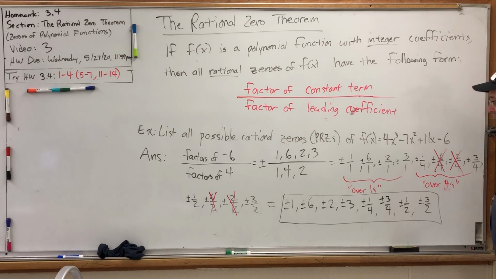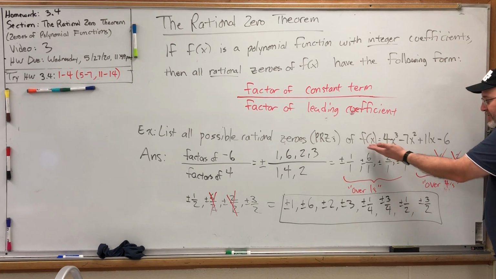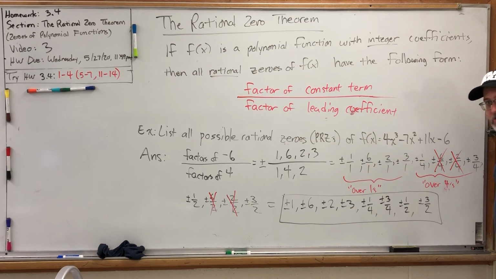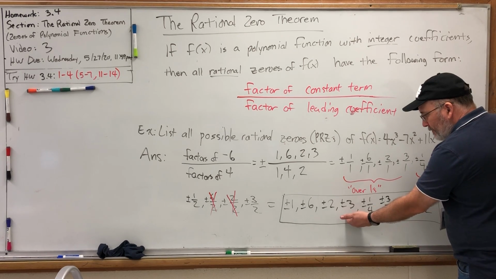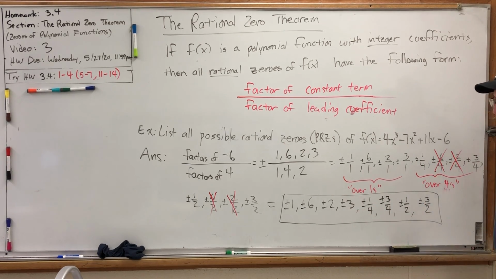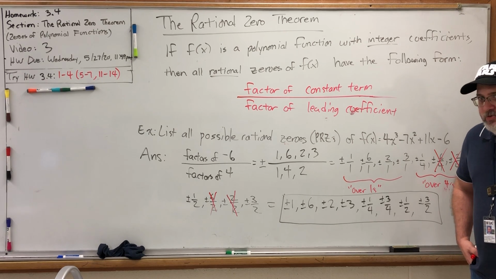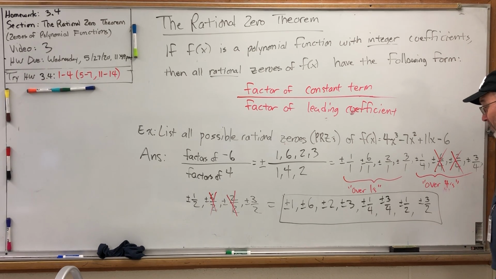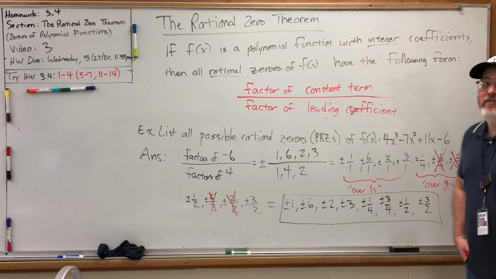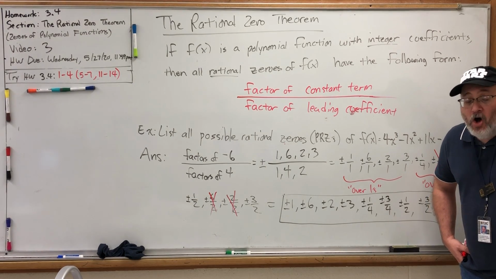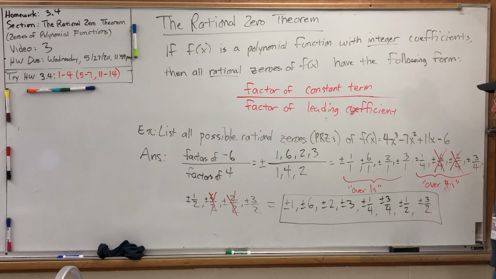So for example, if I asked you, could 5 be a 0 of this? No, it's not in the list. Could 3 be a 0? It could be. But these are only possible rational zeros. Unfortunately, there's no guarantee that any of them work. All this list is are the ones that might work.